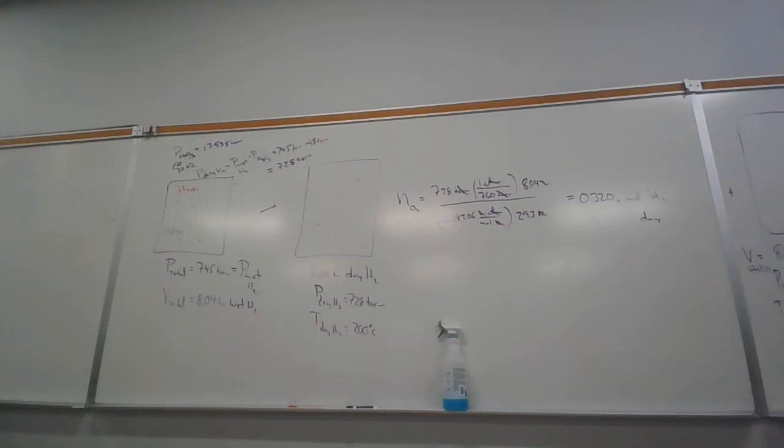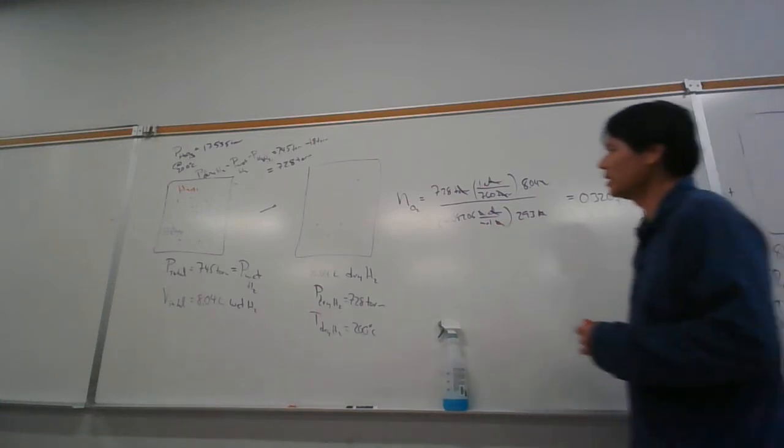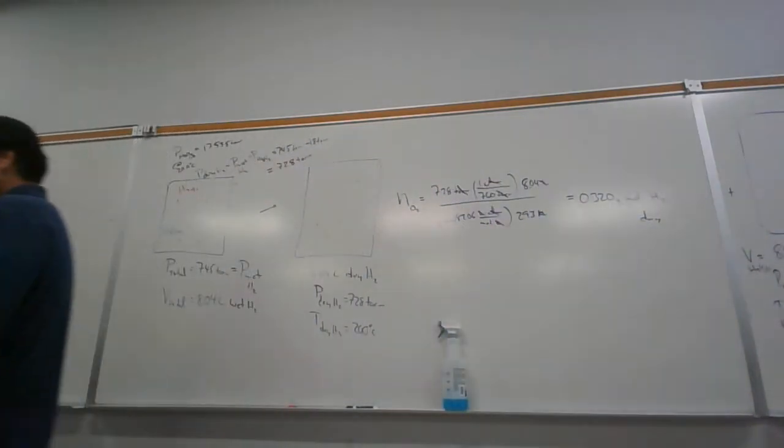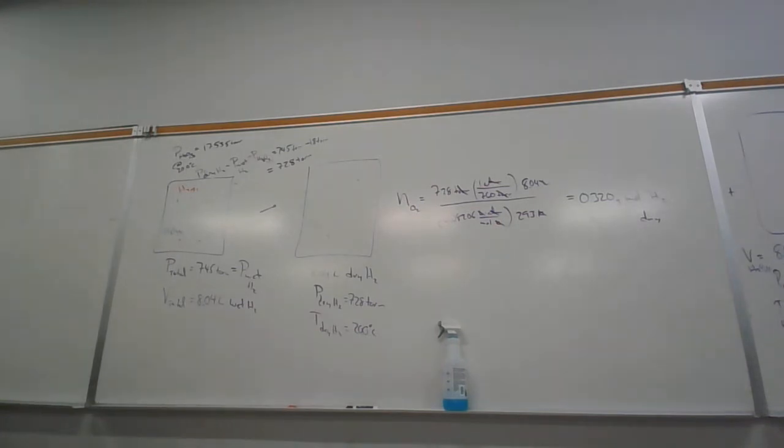Just 20.0 degrees C. And likewise, I can calculate the number of moles of H2O gas. I wanted to, but they're not asking for it. Is this Dalton's or Avogadro's? Dalton's.